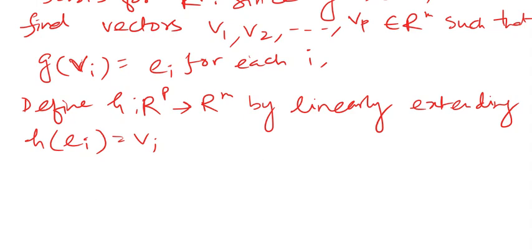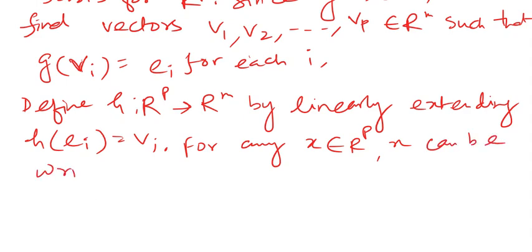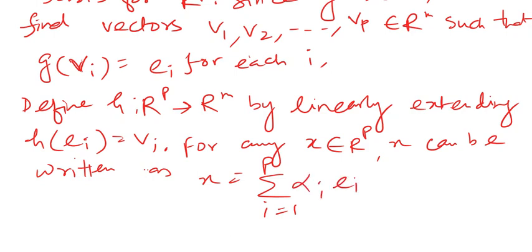For any x belongs to R^p, x can be written as x equals summation i equals 1 to p alpha_i ei.